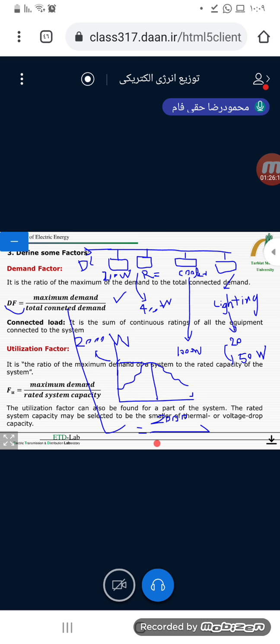The connected load is the TV plus the refrigerator plus the cooler plus the lighting, which is 20 lamps times 50 watts, 1,000. The 2,000 divided by this number will be the demand factor: the maximum demand divided by the total connected demand.